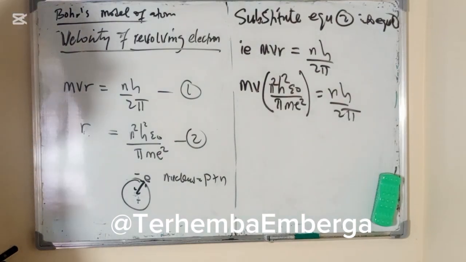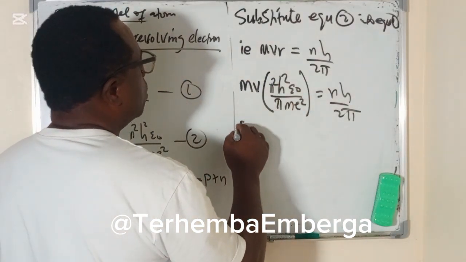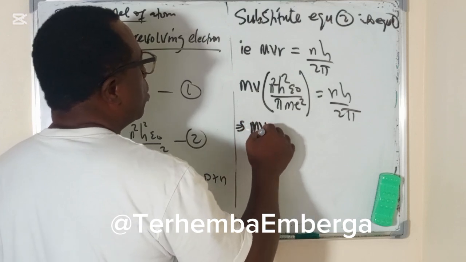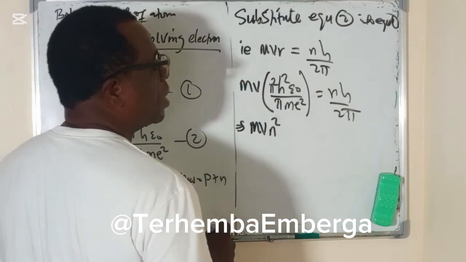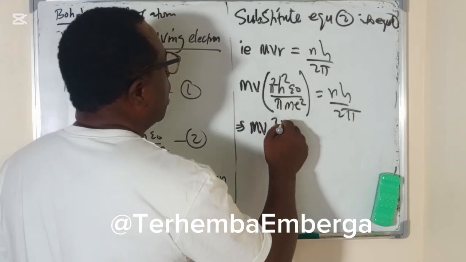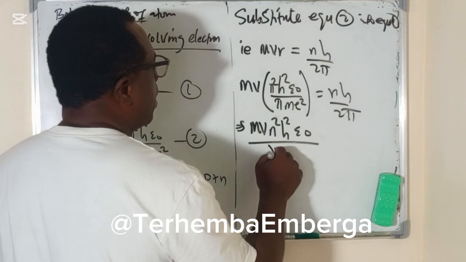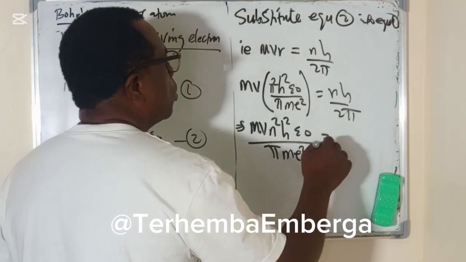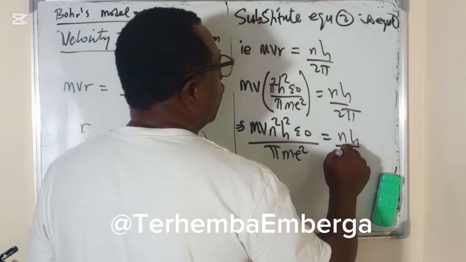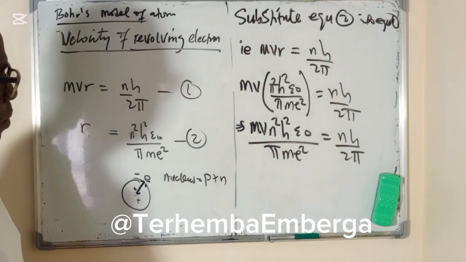So we open the bracket, and this becomes mv n square h square epsilon naught over pi m e square, equal to nh all over 2 pi. This is what we have.